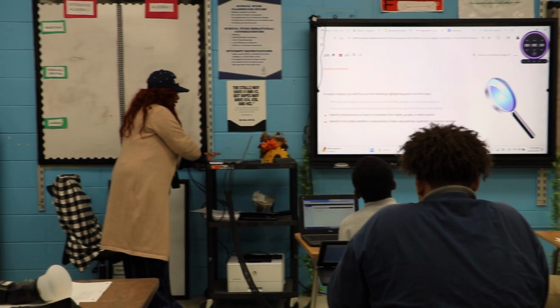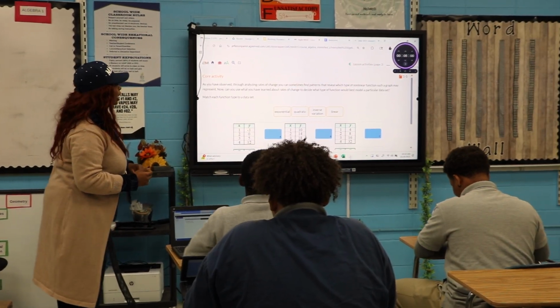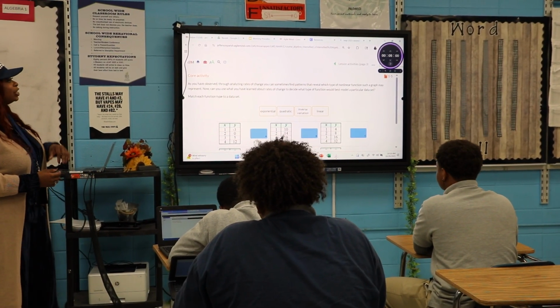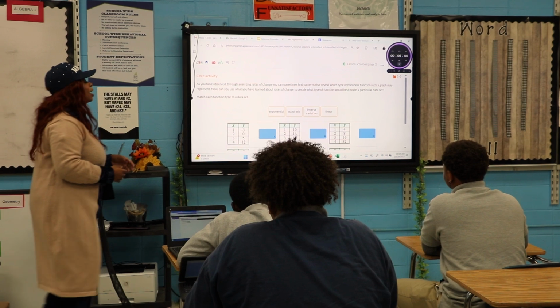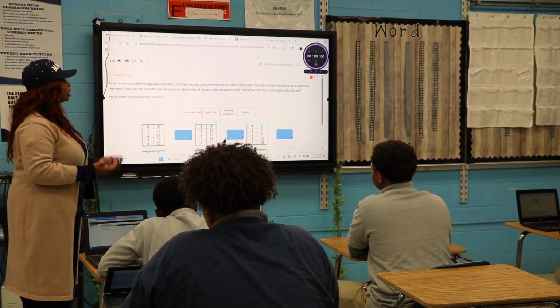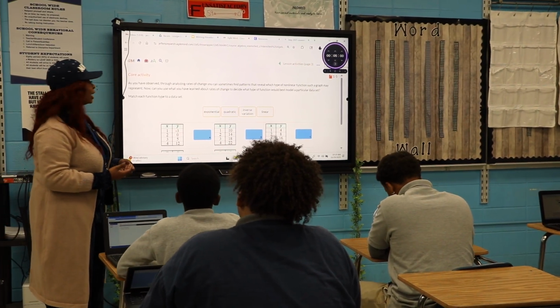Let's go ahead and get started with our core activity. As you have observed through analyzing rates of change, you can sometimes find patterns that reveal which type of nonlinear function, such as a graph, may represent. Now, you can use what you have learned about rates of change to decide what type of function would best model a particular data set.